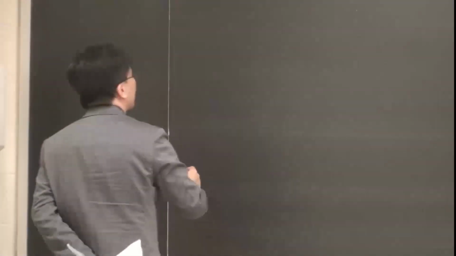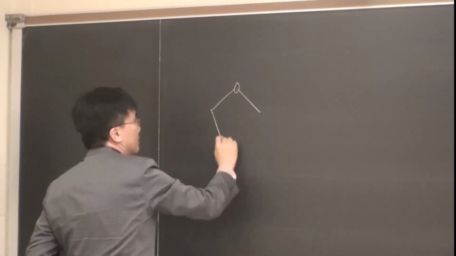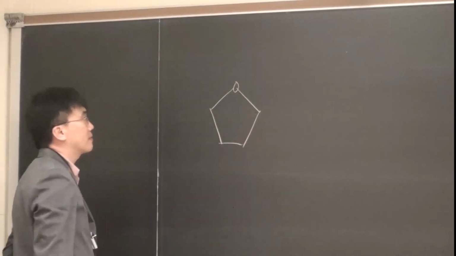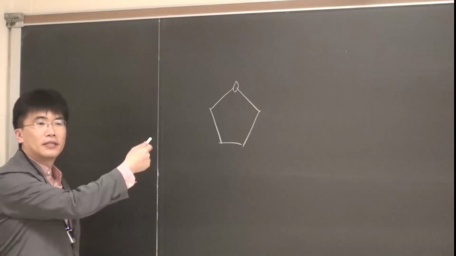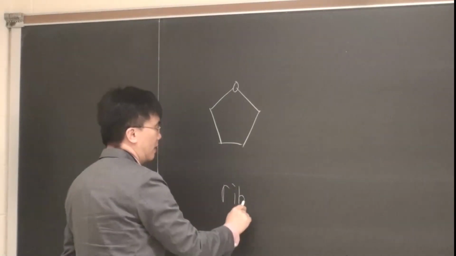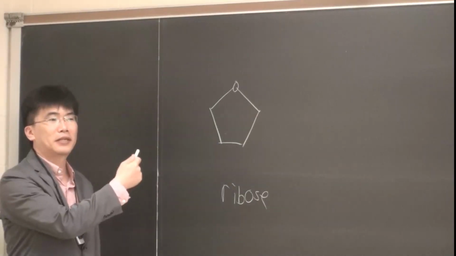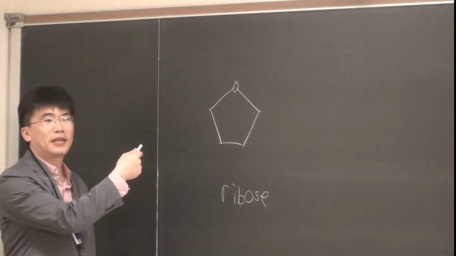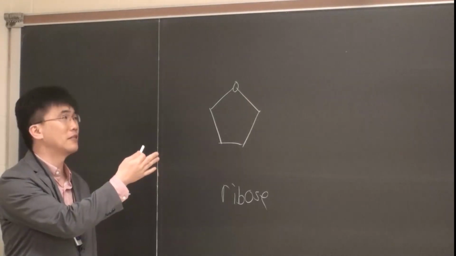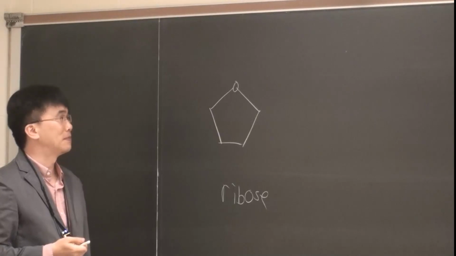All right, DNA structure. So that is a ribose ring, which is part of the DNA structure and essentially a sugar ring.